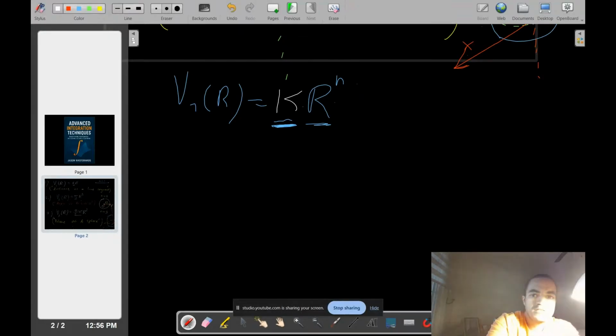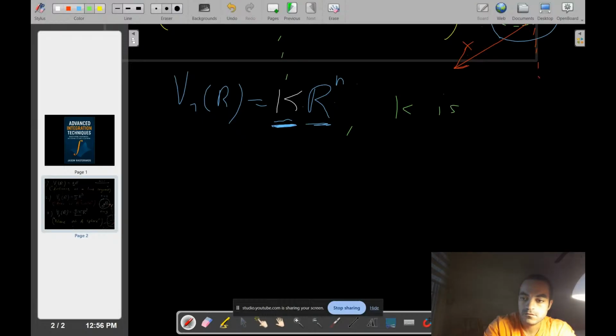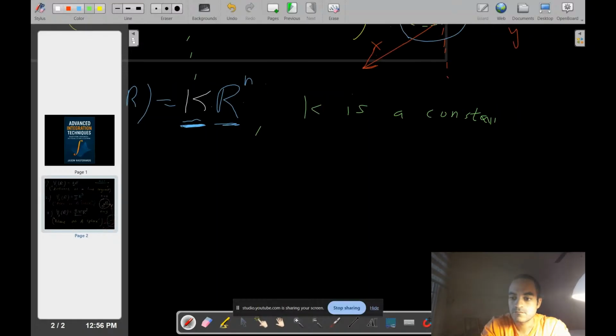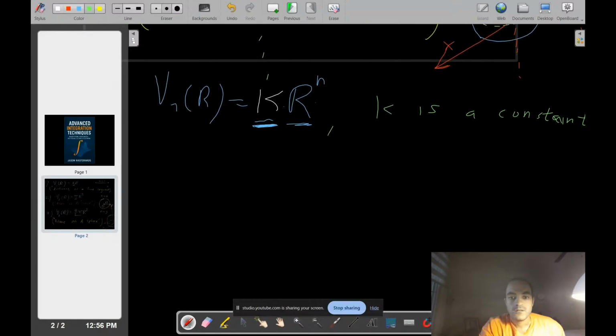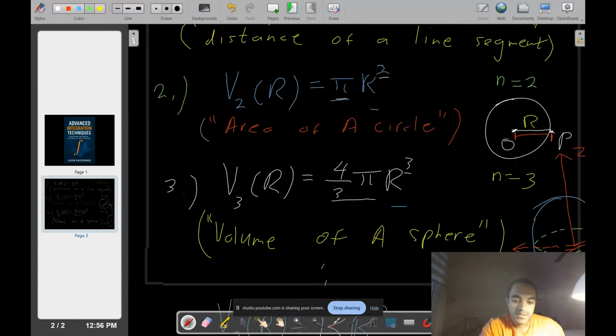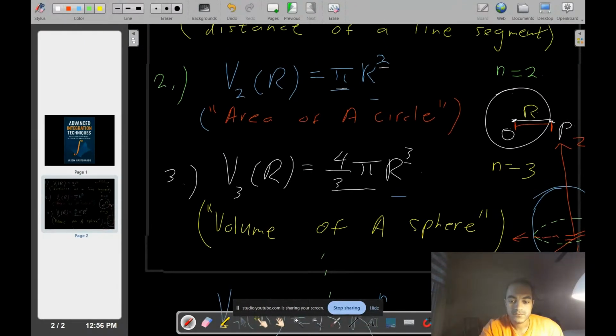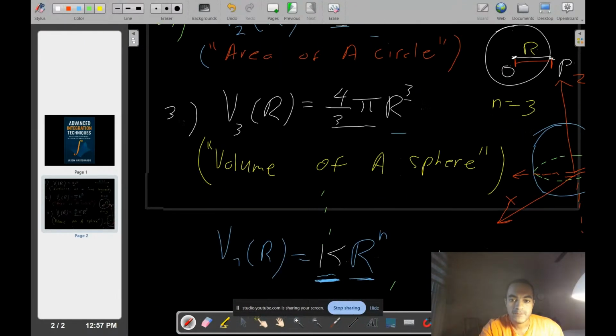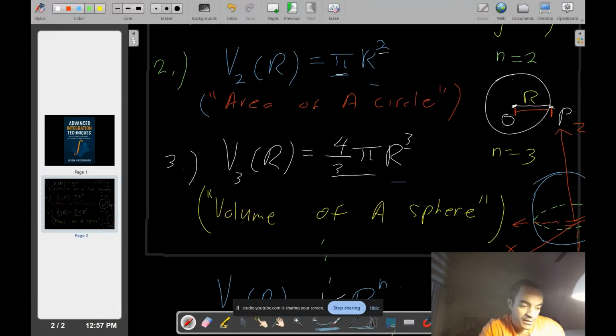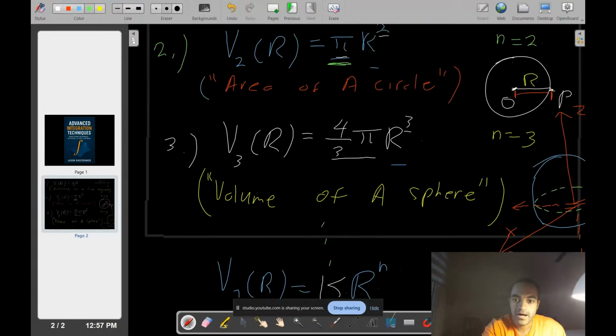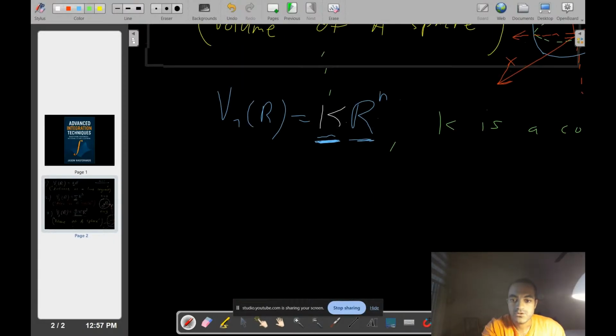Okay, if no, we can continue. So k is a constant. Not only is it a constant which is independent of the radius, but it is also affecting, a constant that is scaling the pi.